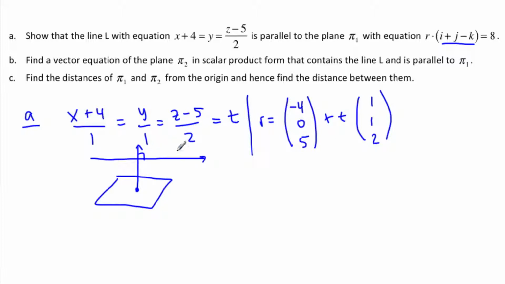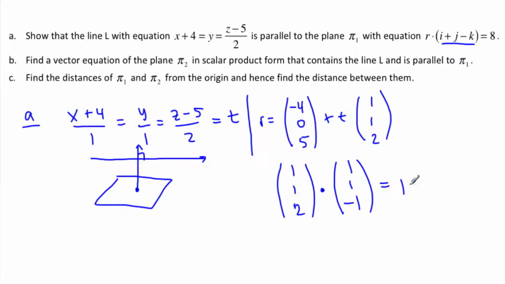So that means the dot product between (1, 1, 2) and (1, 1, -1) should be 0. So let's do that. 1, 1, 2 dot 1, 1, -1. So 1 times 1 is 1, 1 times 1 is 1, 2 times -1 is -2, which of course is 0. So there is our answer for part A.